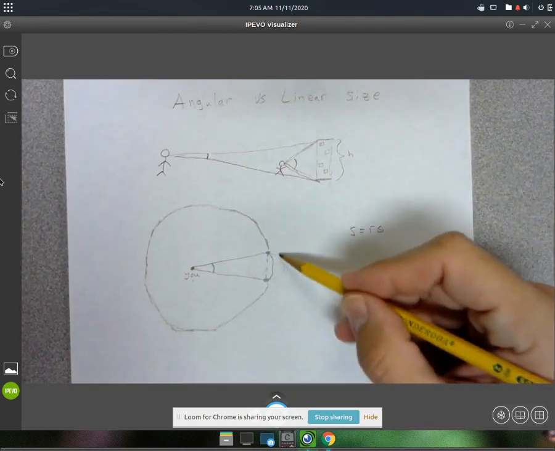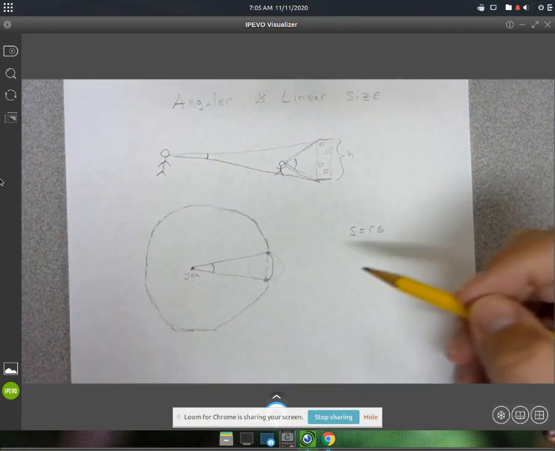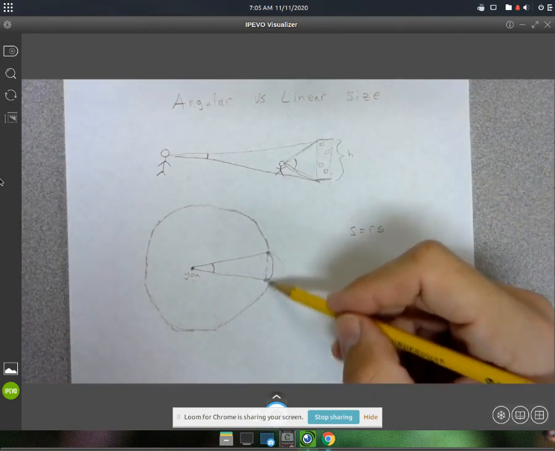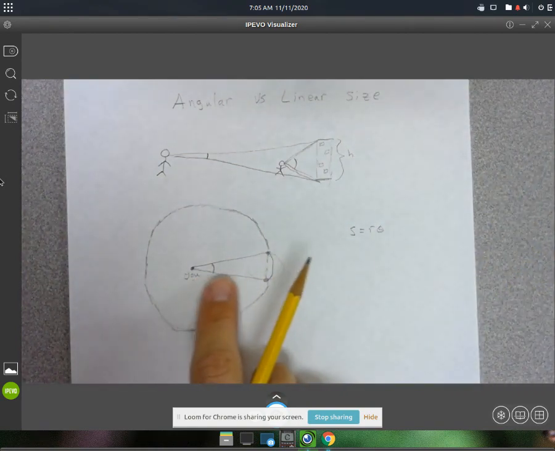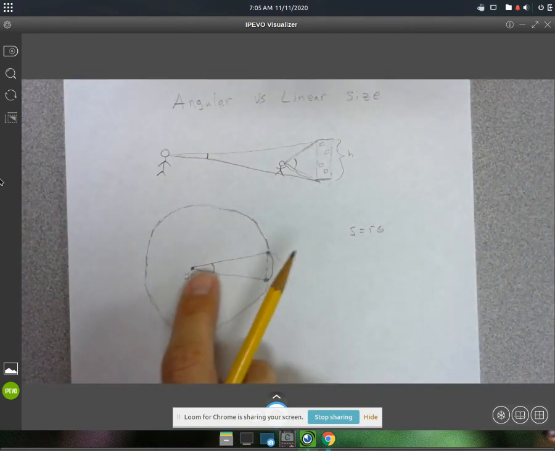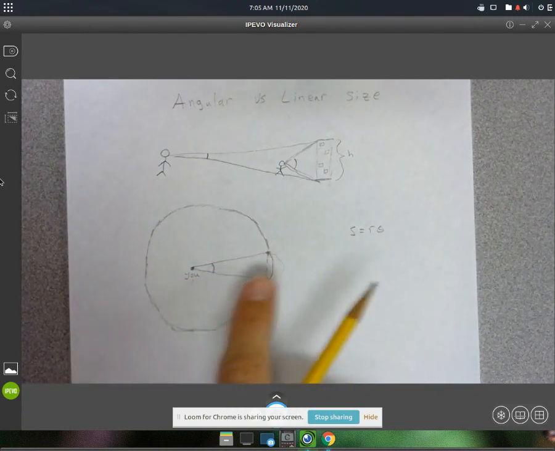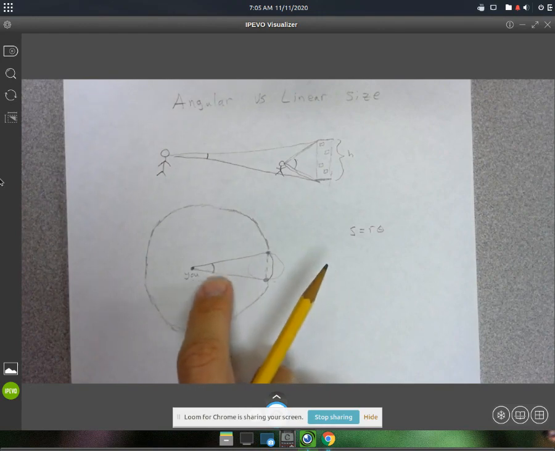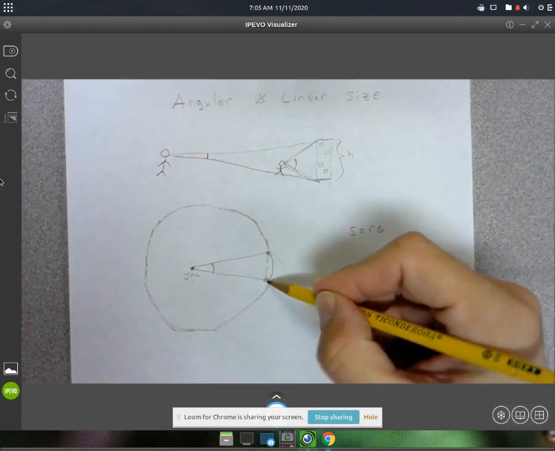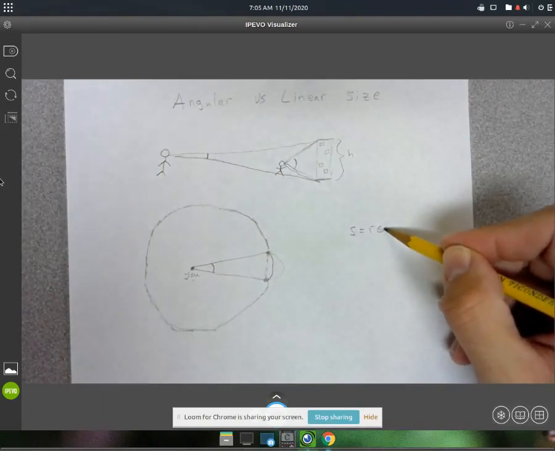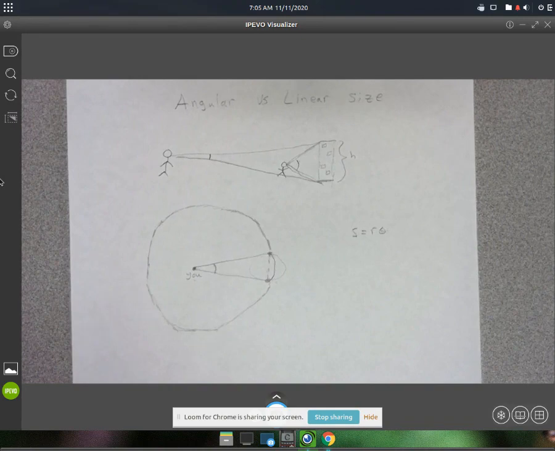And that swath, that arc length right there supposedly measures the approximate diameter of that object. So you're thinking of the distance that you are from the object as the radius, and the angle that's created between you and its top and bottom is your theta here. All right, and so we use that to measure the diameter of that object.